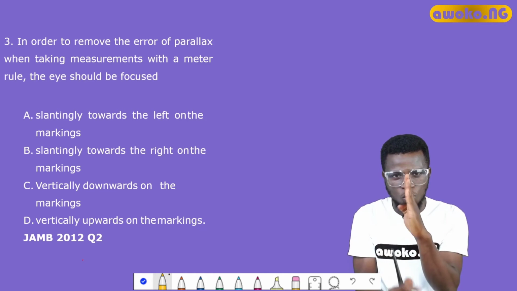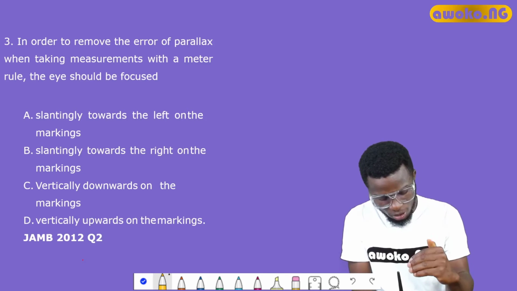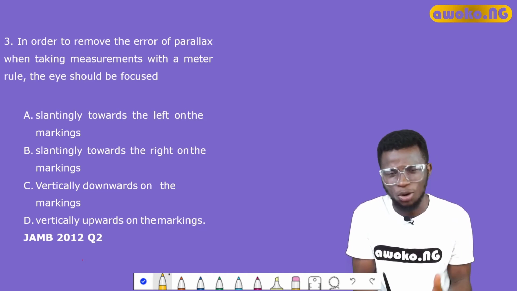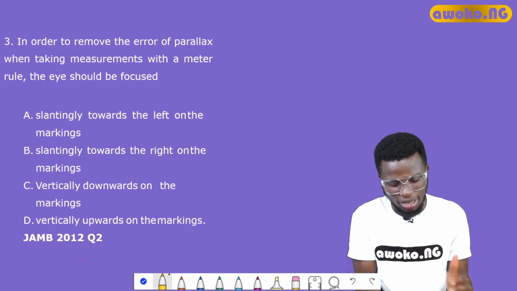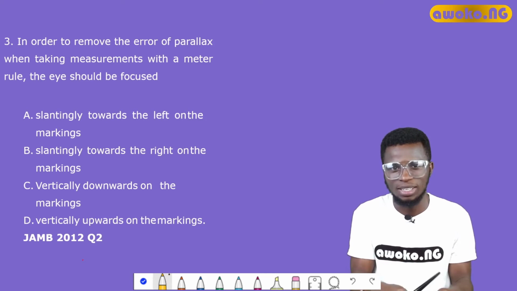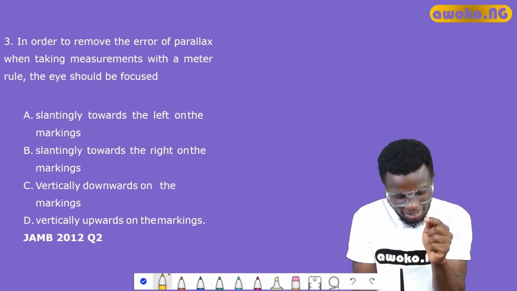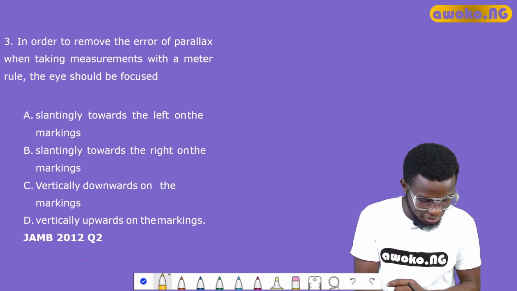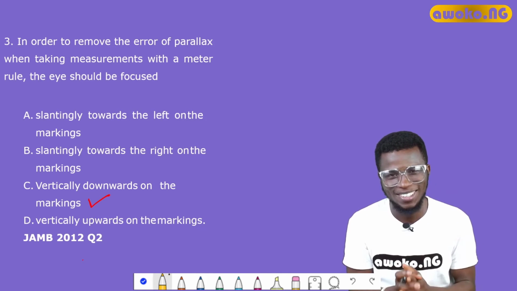Of course, it cannot be vertically upwards. Slantingly towards the left or right is not acceptable, because that is parallax error itself. In order to remove that, you have to focus your eyes vertically downwards on the markings, and this gives our correct answer to be option C.